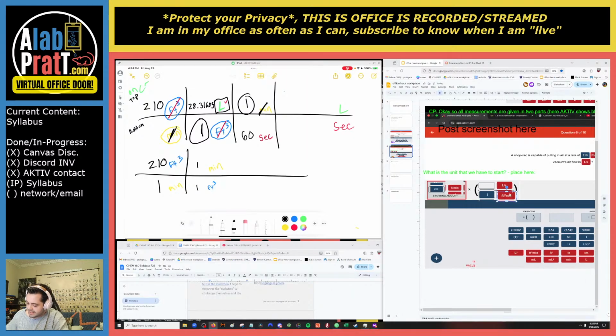And so this is a bit of a math review for us. When we have 1 over feet cubed over a minute, this is difficult because we have to see where everything goes. The feet cubed stays on the bottom, but the minute could go on top.